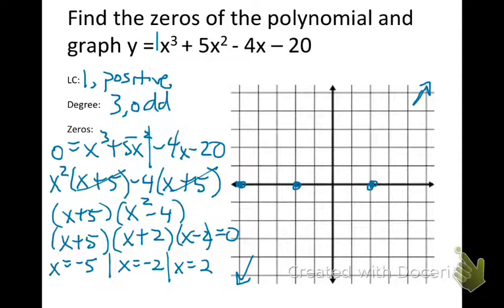And so this graph, since it starts down on the left, it's going to go up and then come back around and go back around one more time. Since it has 3 zeros, that means it will make 2 turning points. So here and there.